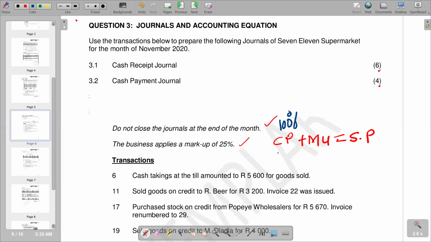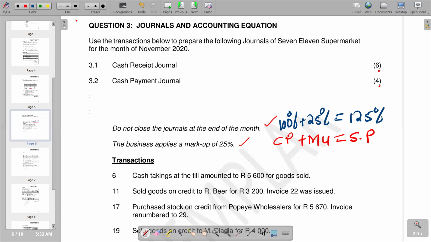It depends on the percentage that you are given. In this question, we have 25% representing our markup. So here we say plus 25%, and then you are going to get 125%. So this is the representation of cost price, markup, and selling price.